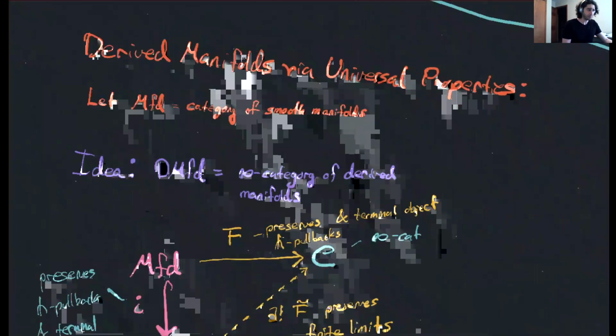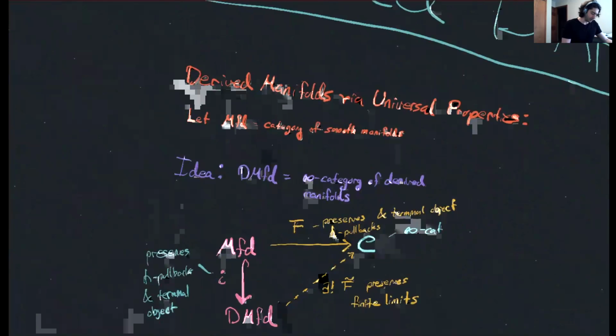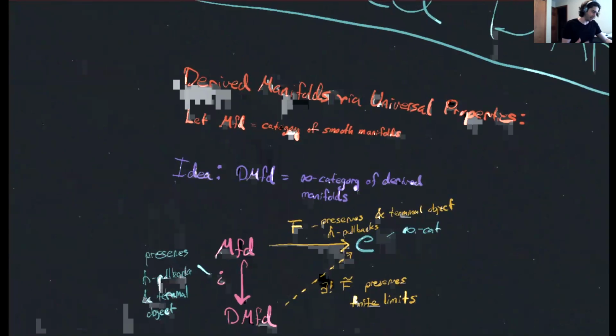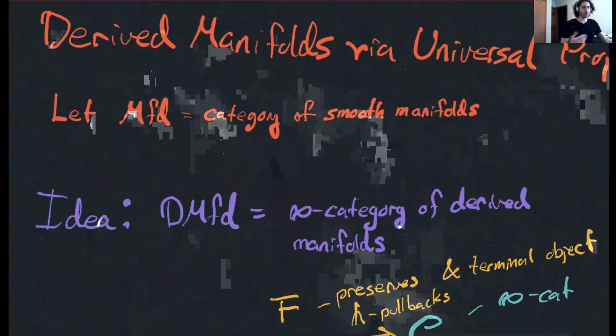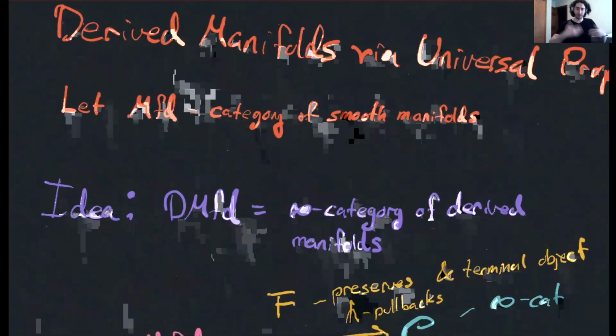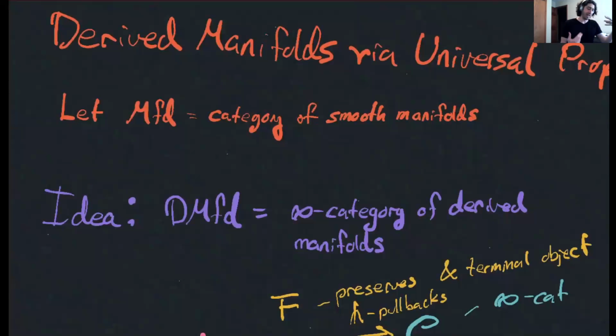Okay. So there's a story which I don't have time to get fully into, but first of all, whatever derived manifolds are, this is some sort of enlargement of the category of manifolds which has all the fiber products that you'd want, but they behave like the good fiber products from transverse ones in particular.